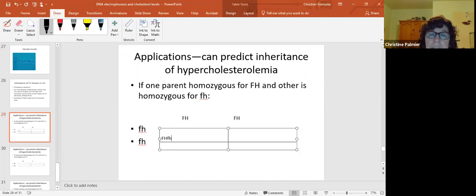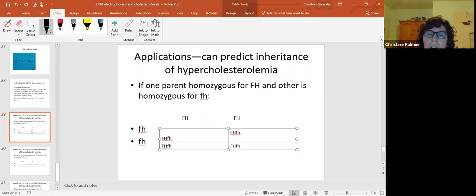So they're heterozygous and would have high cholesterol. This individual would be big FH, little fh, so they would also have high cholesterol but be heterozygous. This individual will be the same, high cholesterol but heterozygous. This individual is high cholesterol as well, and it's also heterozygous.